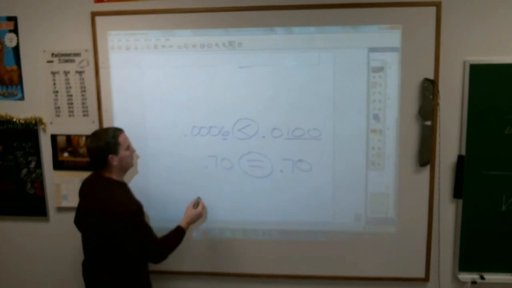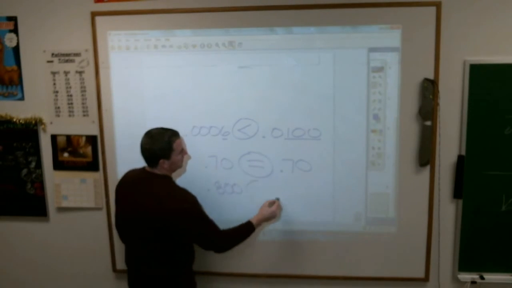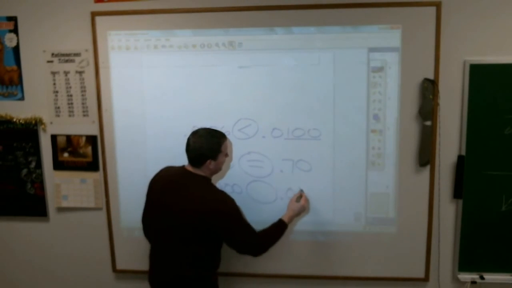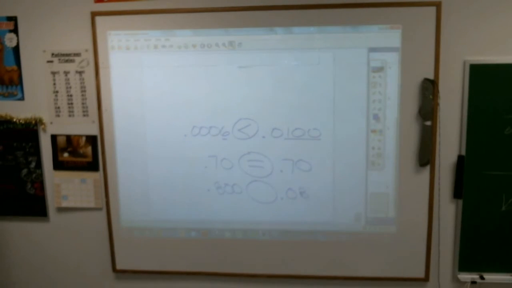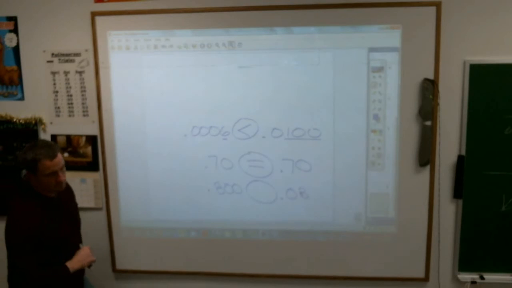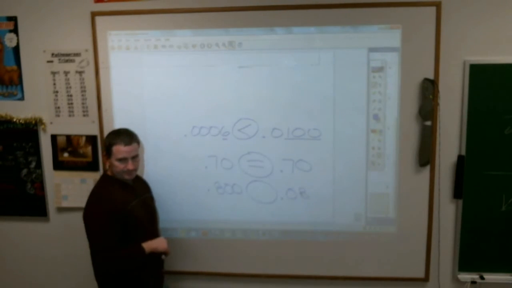Okay, well, let's see, what about this one? 0.800 compared to 0.08. Which one is bigger? Jaden? One on the left, why? Its first number is an 8 and the one on the right is a 0.